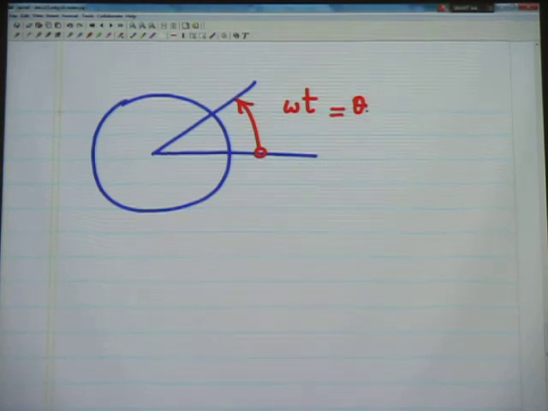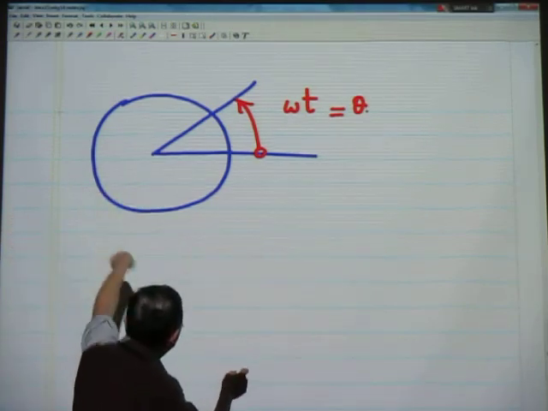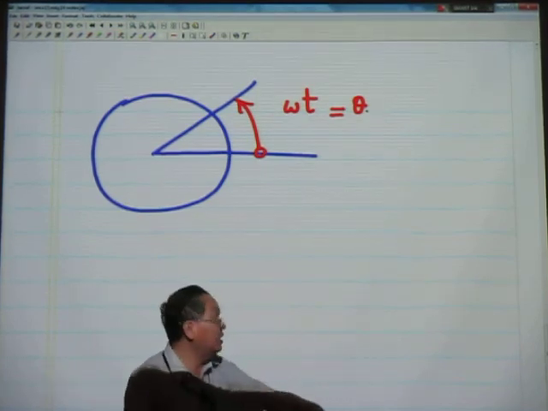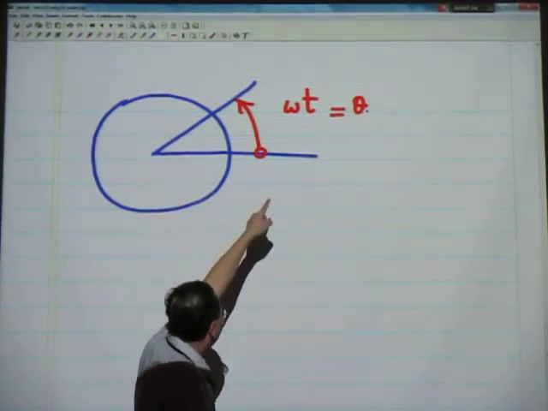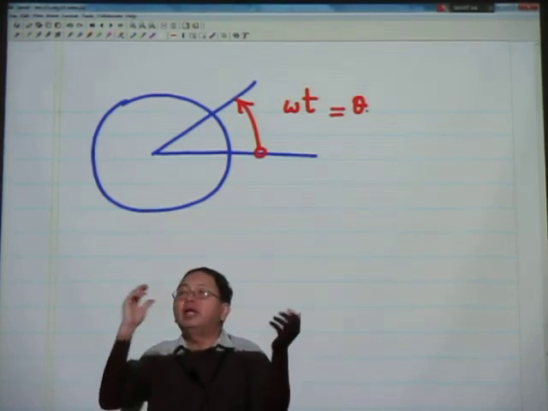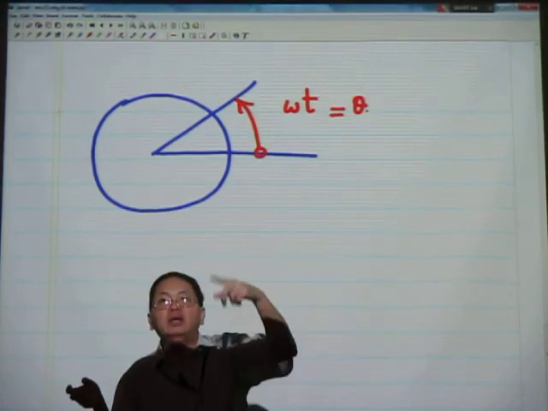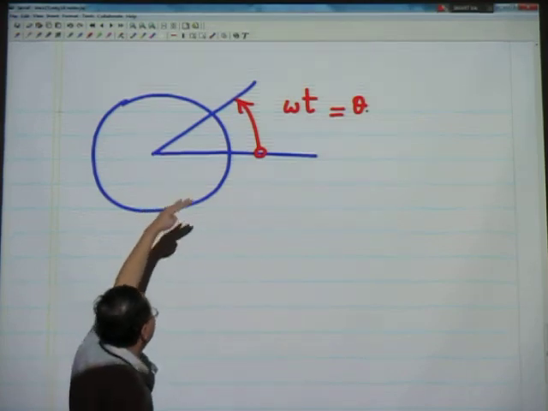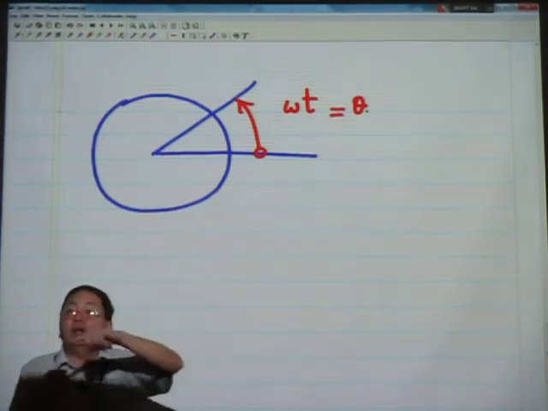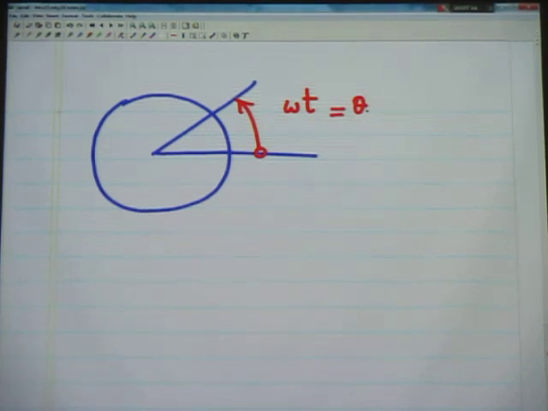Now, so think of this radial direction as it keeps rotating, right? Omega is a constant called the angular velocity. So as time t increases, it's just rotating. So you see, it's a periodic phenomenon, right? So when the radial direction starts from 0, wraps around, and finishes 2 pi, that's 1 period.